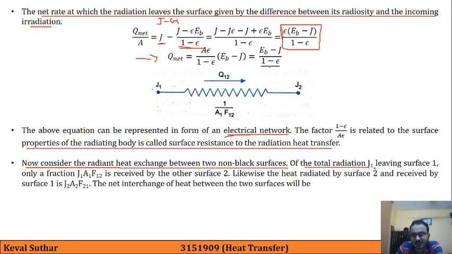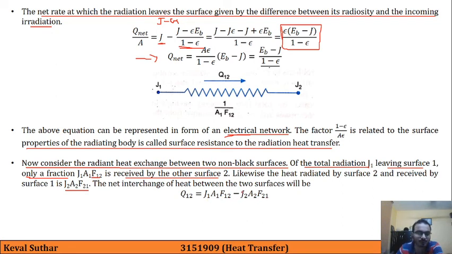Total radiation J1 leaving surface A1, and only a fraction is received by the other, that is with this shape factor F12. Likewise, the radiation by surface 2 and received by surface 1 will be exactly the reverse of that. So the net will be like this, that is J1 A1 into F12 minus J2 A2 into F21.